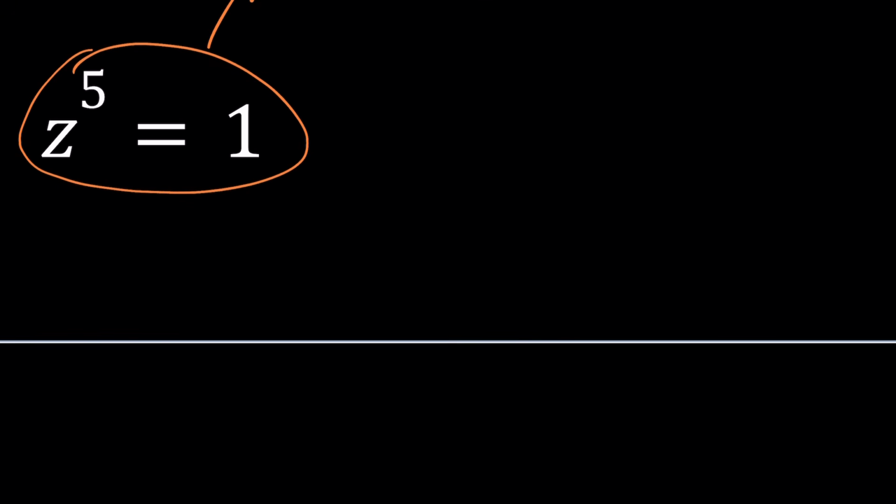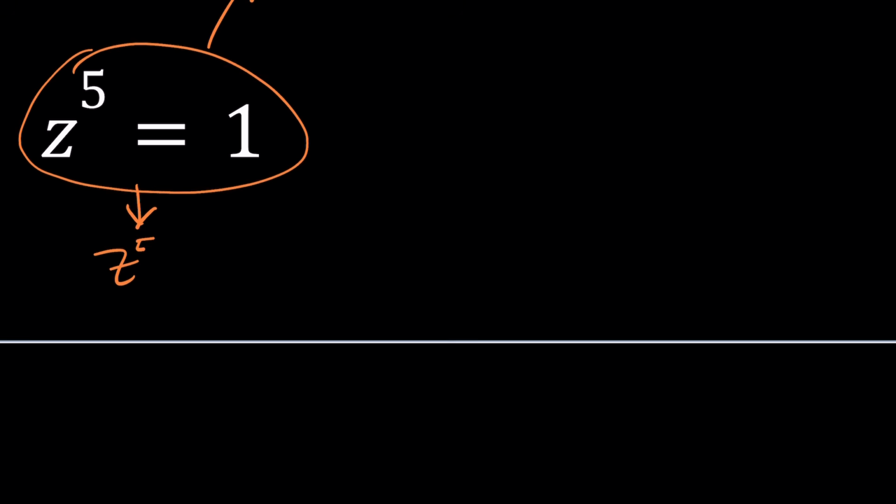So for my first method, obviously I'm going to start with the equation. That's what I need to use, right? So since z to the fifth power is equal to 1, that means z is the fifth root of 1, which is basically, we're talking about roots of unity.